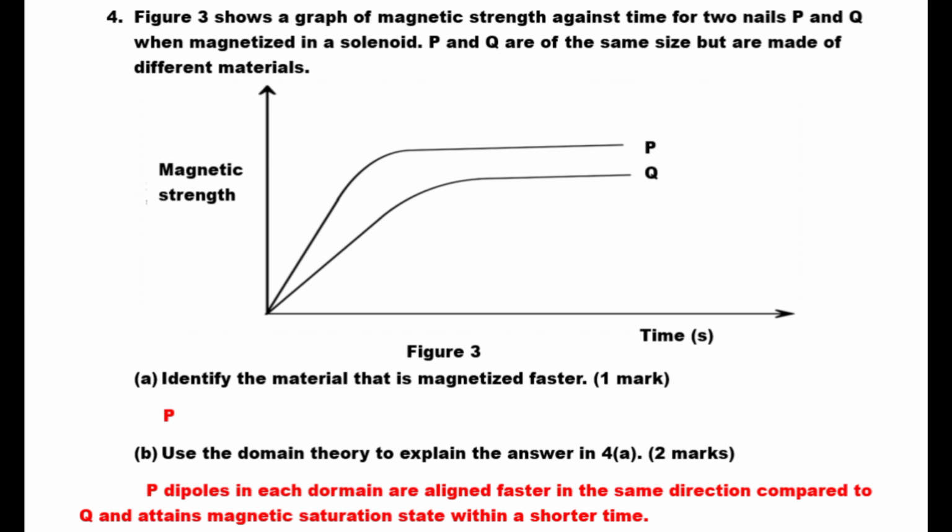And also you realize the magnetic saturation point for P occurs before that for Q. In other words, it attains the magnetic saturation faster. And that tells you again P is a soft magnetic material and Q is a hard magnetic material. So that is the reason why P is the one magnetized faster.